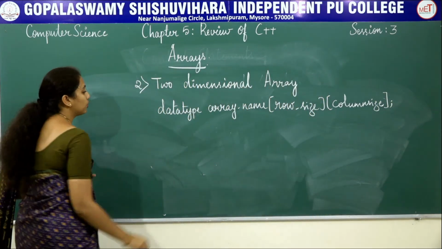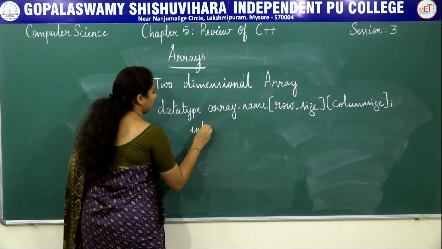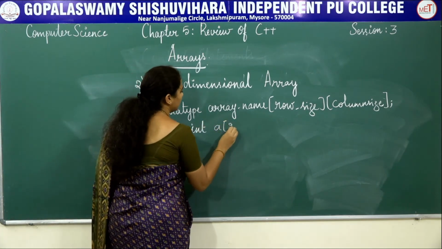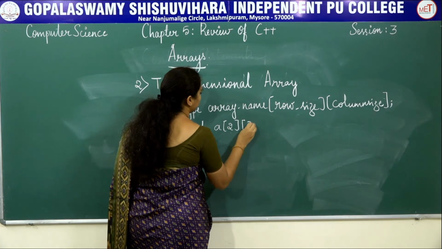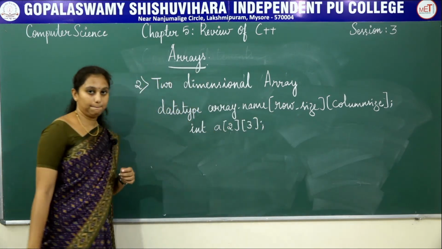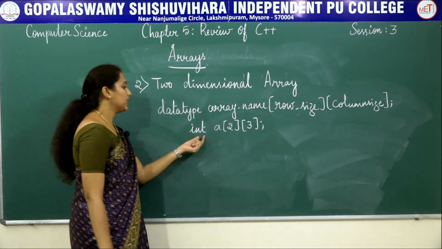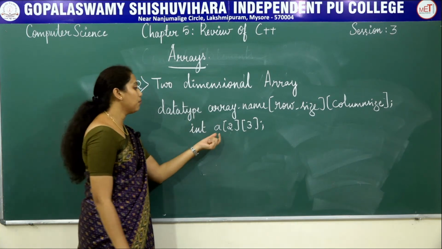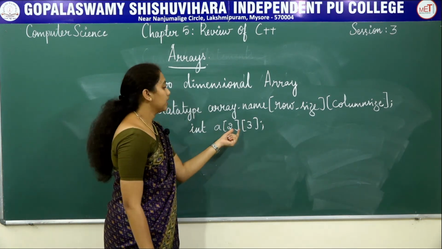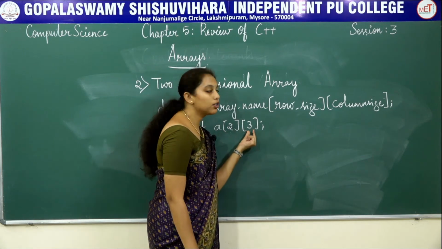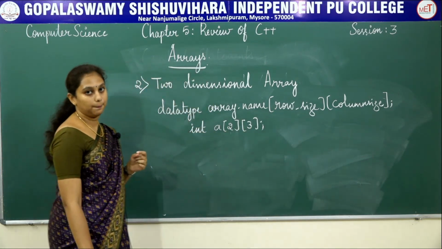An example for this is int a of 2 cross 3. Here int is the data type, the name of the array is A, the row size is 2 and the column size is 3.